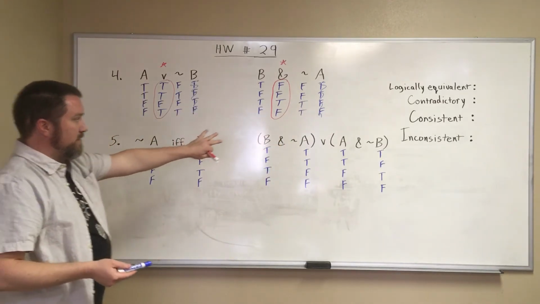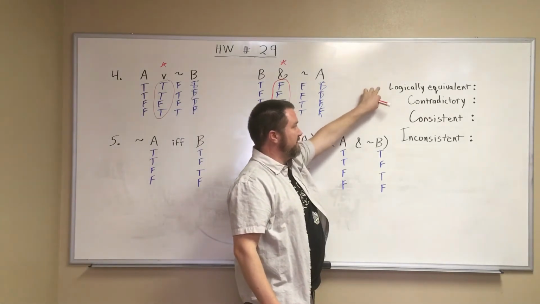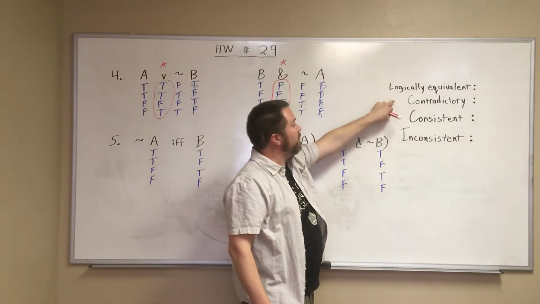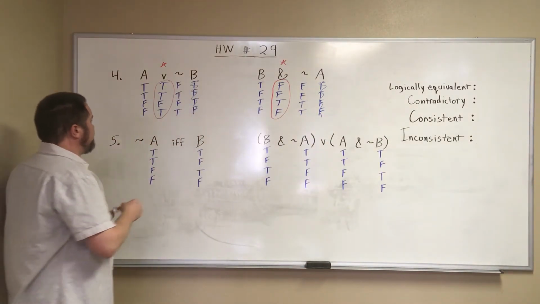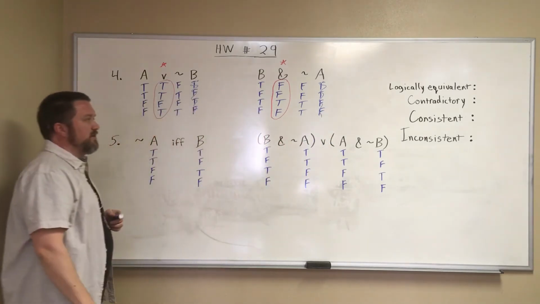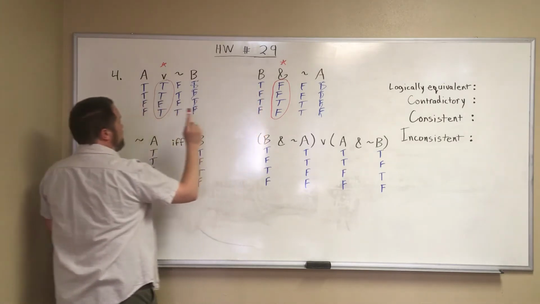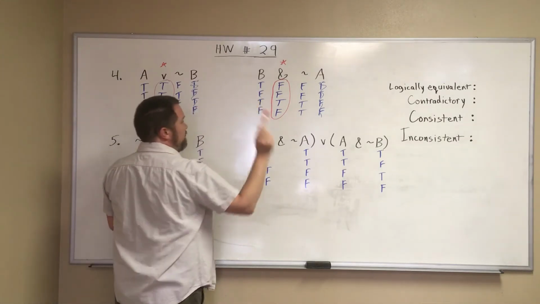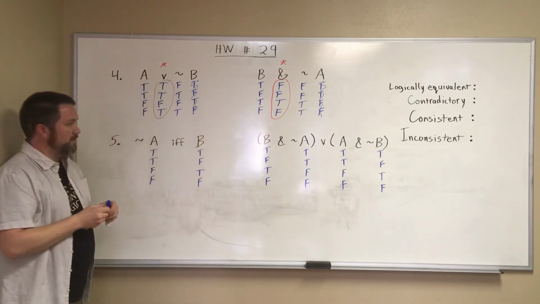So let's first see if it fits into either logical equivalence or being contradictory. True, false, we immediately know that it's not logically equivalent. True, false, those are different. False, true, those are different. True, false, those are different.